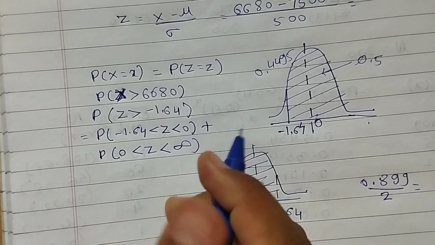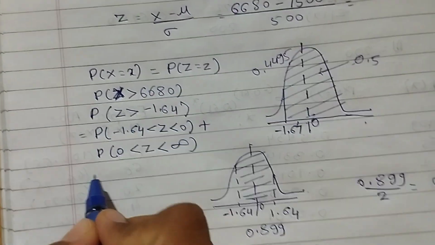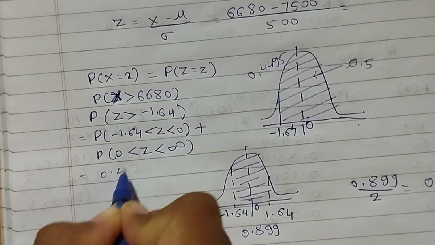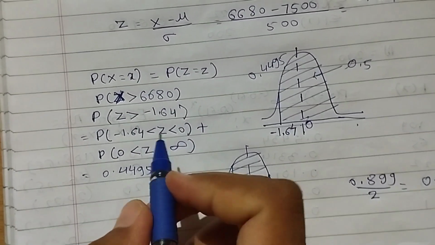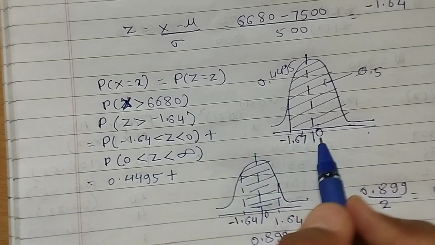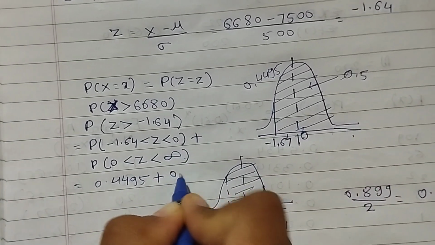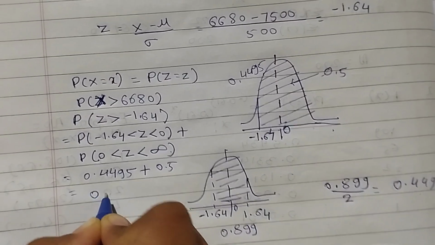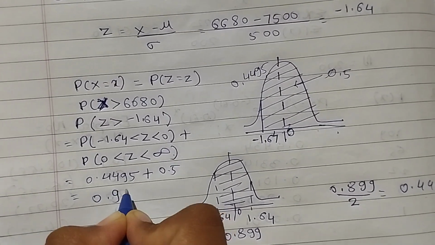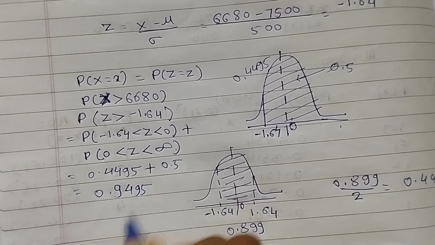So we know the area of that portion which is 0.4495 plus the area from 0 to infinity which is 0.5, and when we add this we get 0.9495.